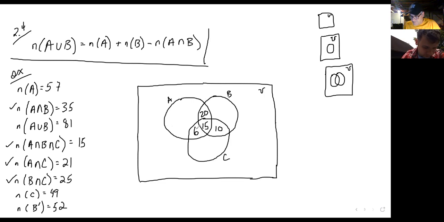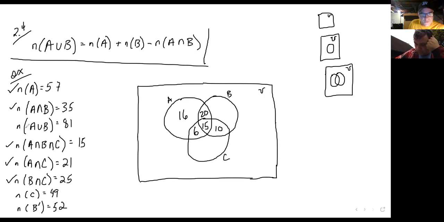If I was still missing 2, I wouldn't be able to do this yet. But since I know 3 of the 4, if I add up 20 plus 15 plus 6, that gives me 41. And then 57 minus 41 is 16. So now if I add up these 4 numbers inside of A, I will get my 57. I've used that.